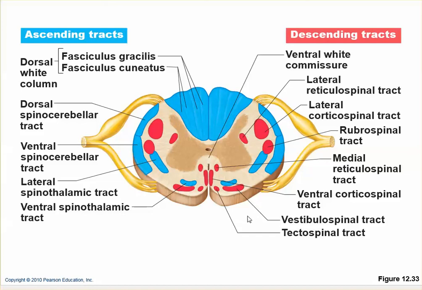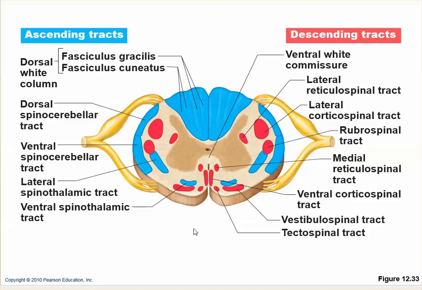It's involved with the RAS. This comes from the red nucleus, the rubrospinal. This one, vestibulospinal, is involved with balance and maintaining your balance. So this is a postural thing here.